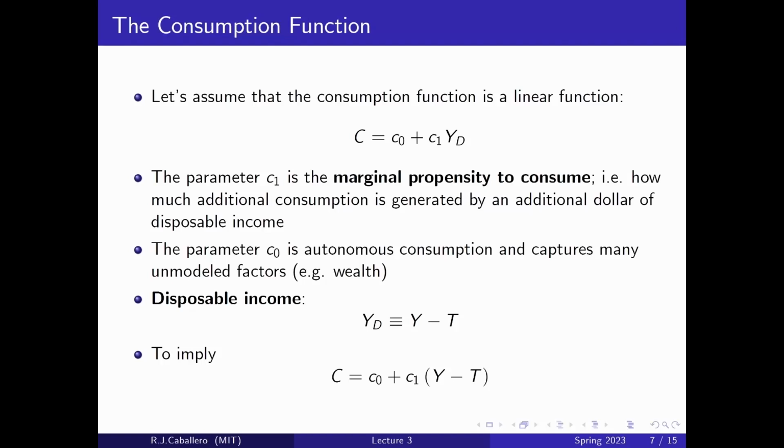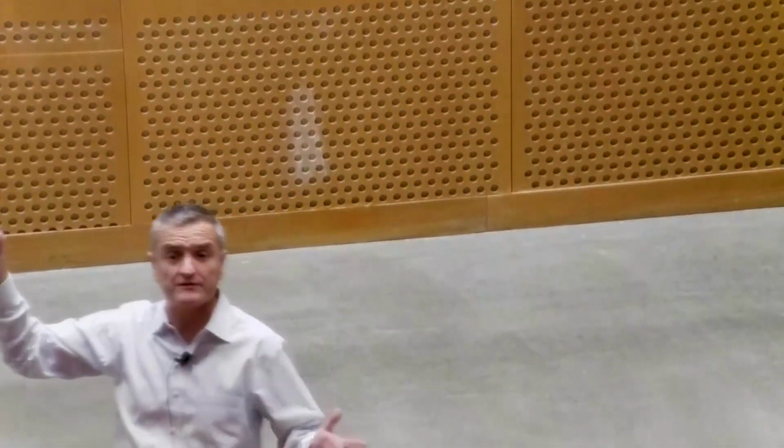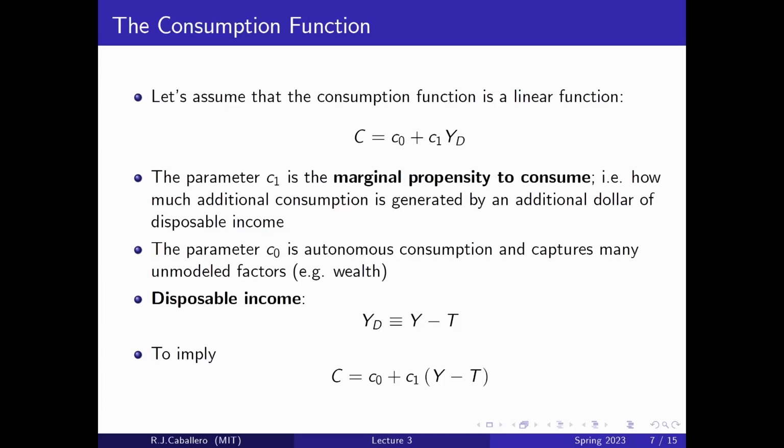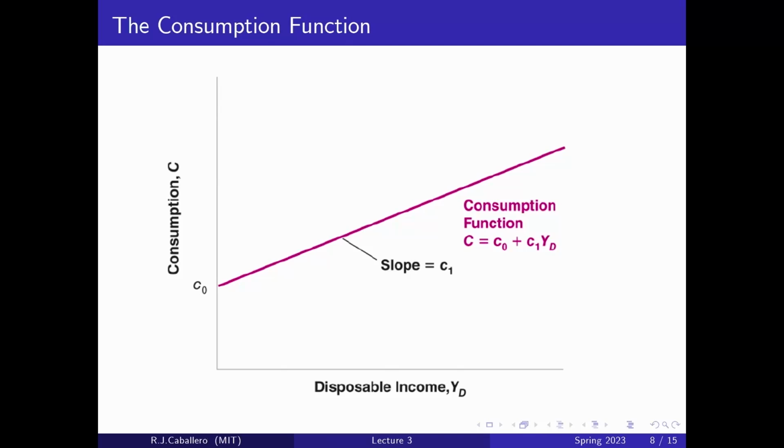Disposable income is just income minus taxes. And remember, from the alternative ways of measuring GDP, income is the same as output. So when I say income, because that's what is relevant for consumers, it's the same as output.